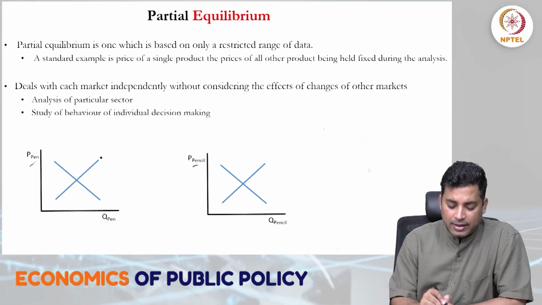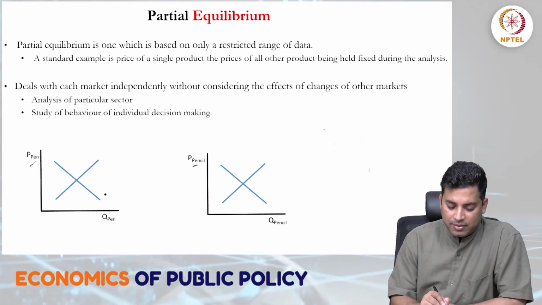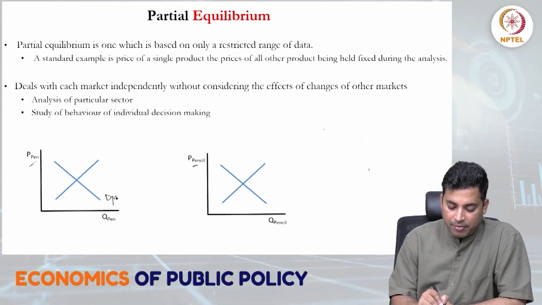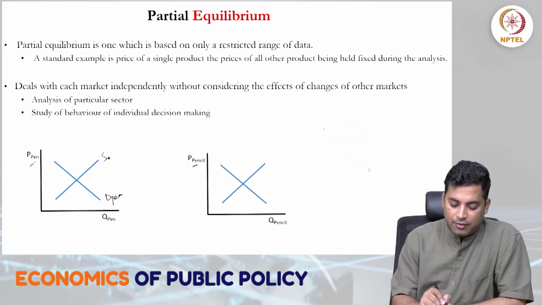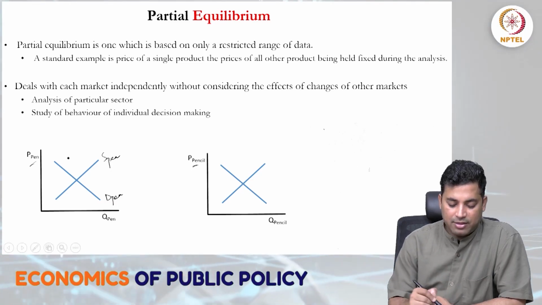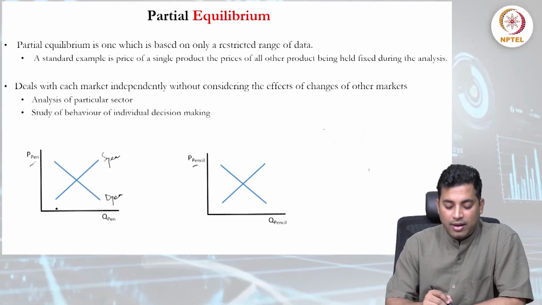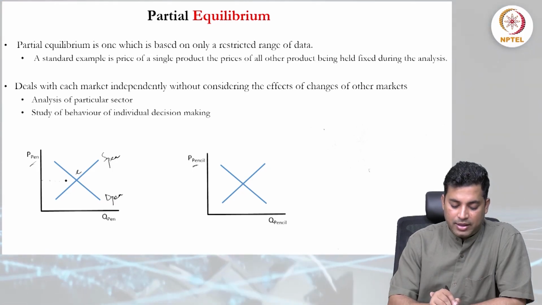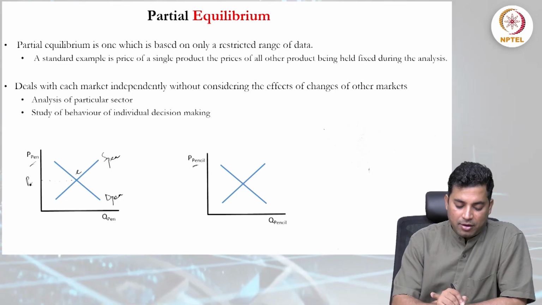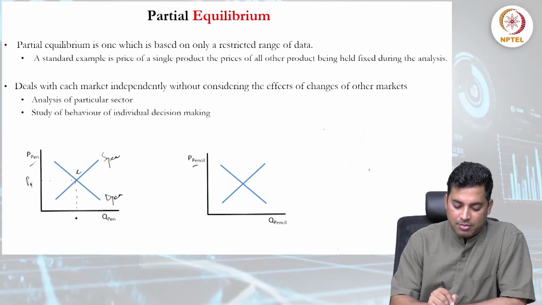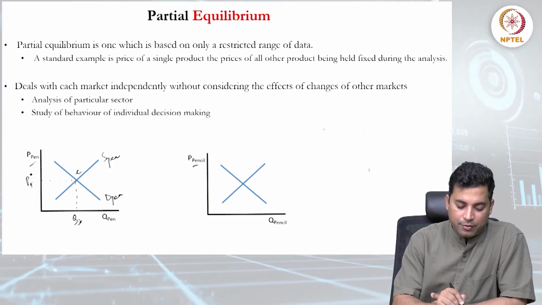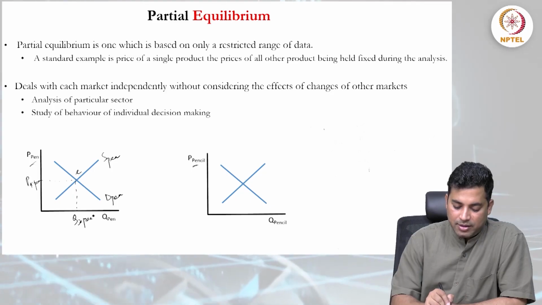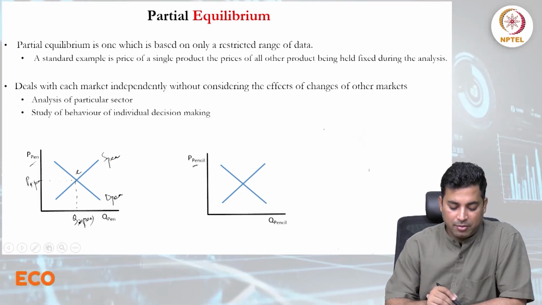The downward sloping curve is the demand for pen, and this is the supply for pen. We know that the demand function is downward sloping and the supply function is upward sloping, and here is the equilibrium. So at this point we get the optimum level of price and the optimum level of quantity for pen. We are trying to find out the optimum level of price and quantity.